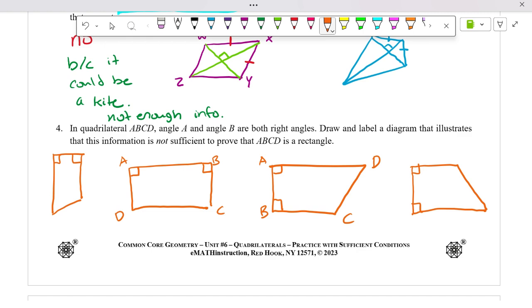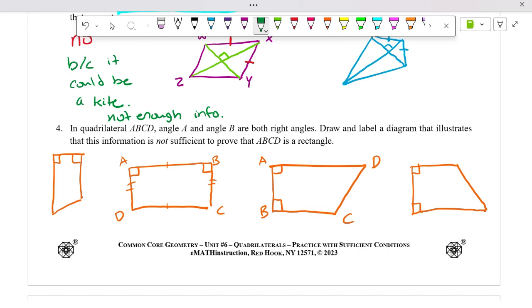The two other 90-degree angles, yes. But also, what else is a key feature of a rectangle? The opposite sides are congruent. So if we knew that at least one set of opposite sides were congruent, or both sets, or if we knew that it was a parallelogram, that would be enough to say it's a rectangle, but we don't.